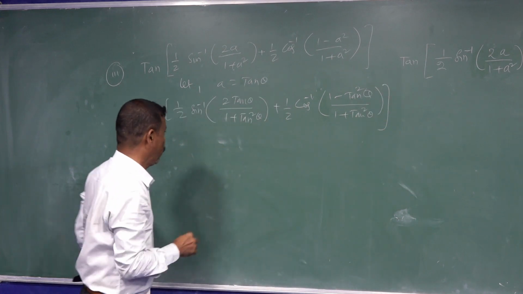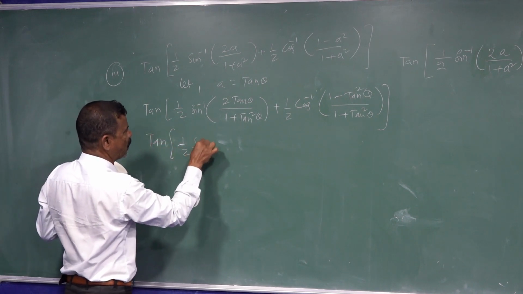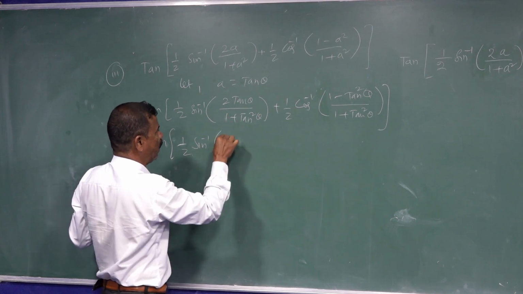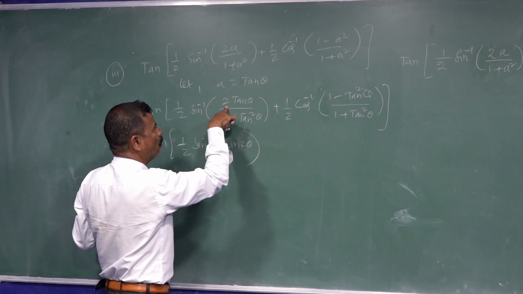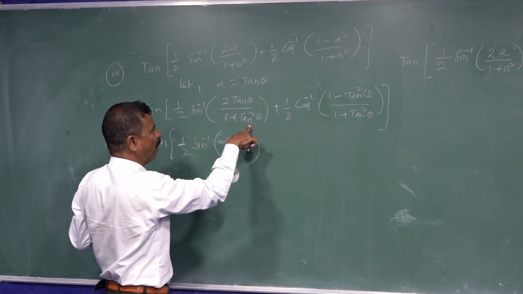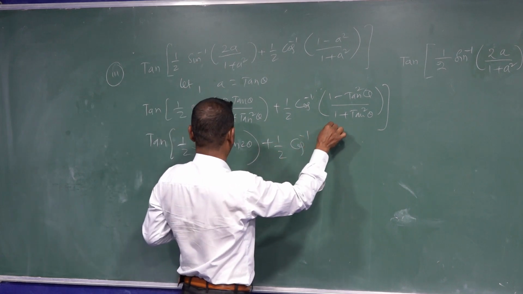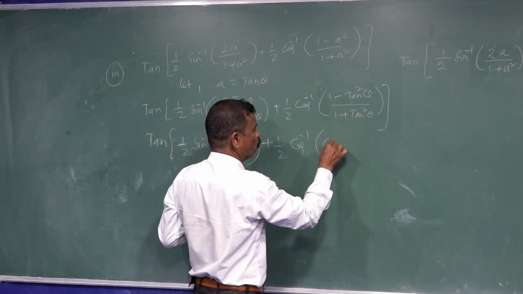In terms of tan, this is the sin 2 theta formula: sin 2 theta is 2 tan theta by 1 plus tan square theta. Plus 1 by 2 cos inverse of, here 1 minus tan square by 1 plus tan square is cos 2 theta.